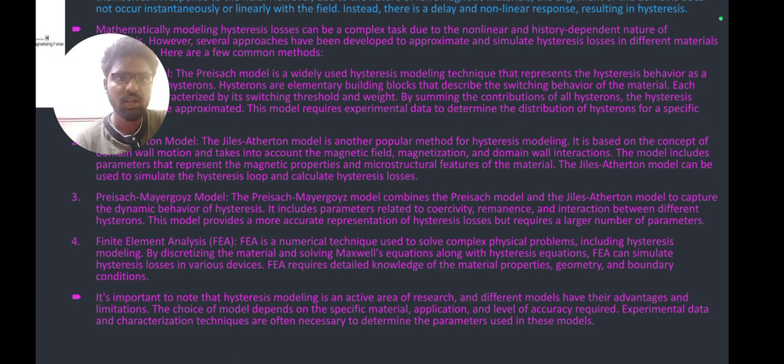It includes parameters related to coercivity, remanence, and interaction between different hysterons. The model provides a more accurate representation of hysteresis losses but requires a large number of parameters.